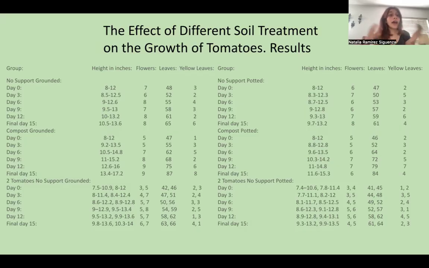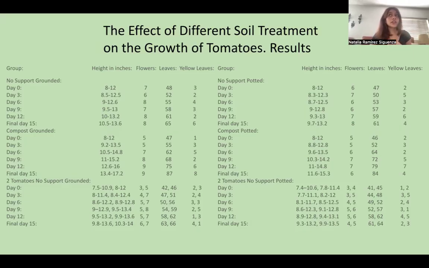Because of that, after the results, I had noticed that the stronger one had started to grow tomatoes faster than the other. And at this point, all the tomato plants have grown tomatoes and they're actually growing pretty strong. I still kept the other ones in a pot and the ones grounded.